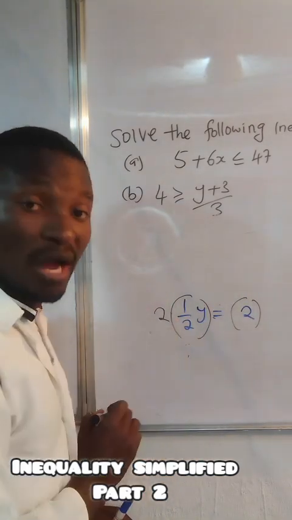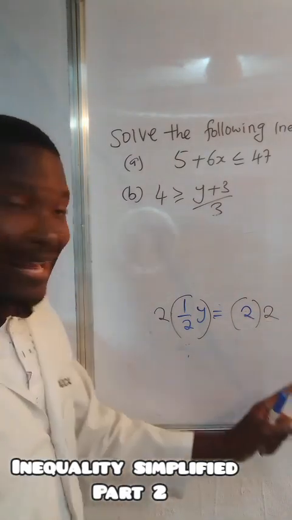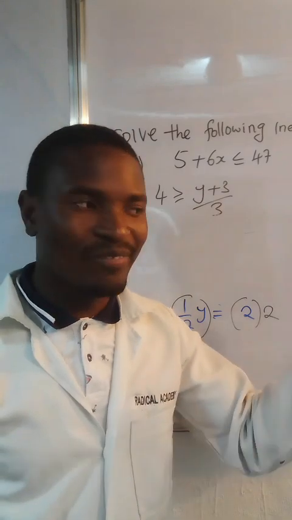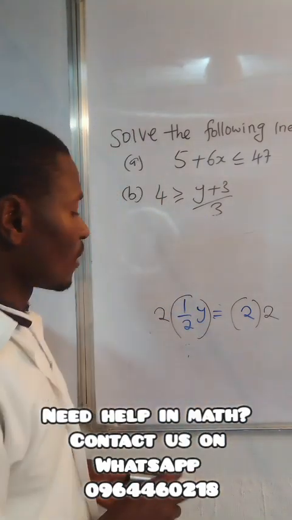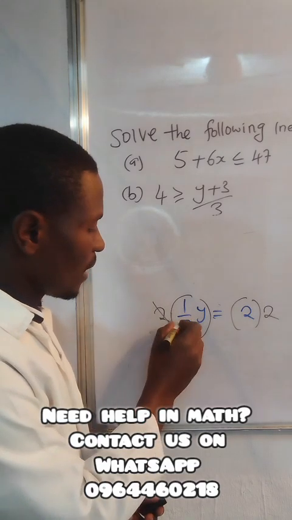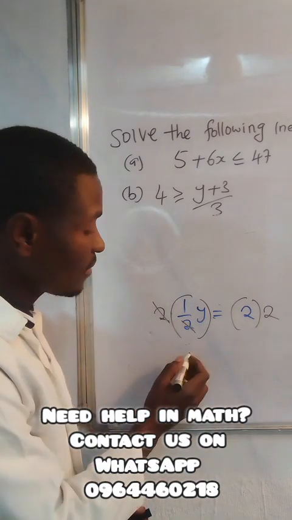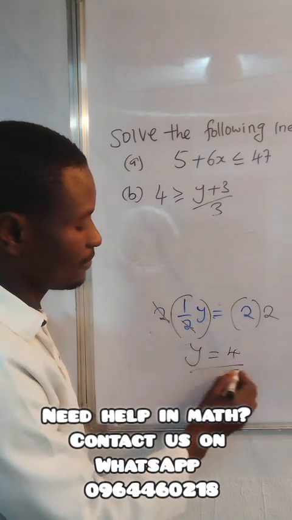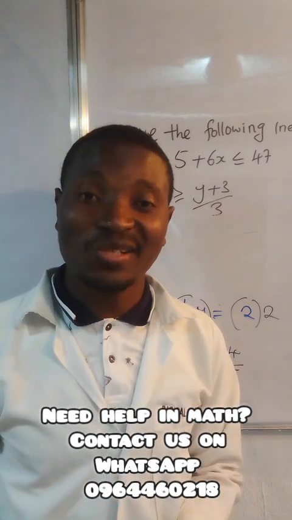The moment I do that, I'm getting rid of the denominator. So the denominator goes out, this remains y, and the other side is 2 times 2, which is 4. And that's how you can solve this one.